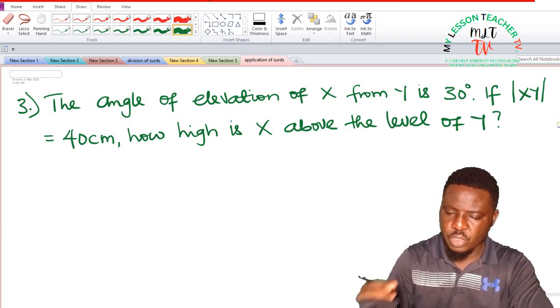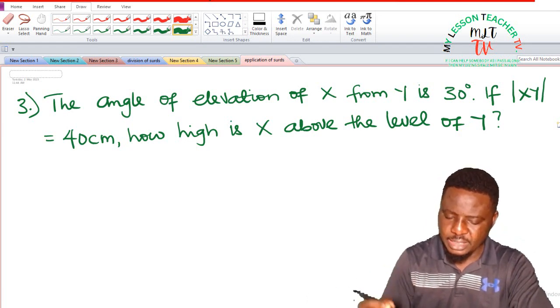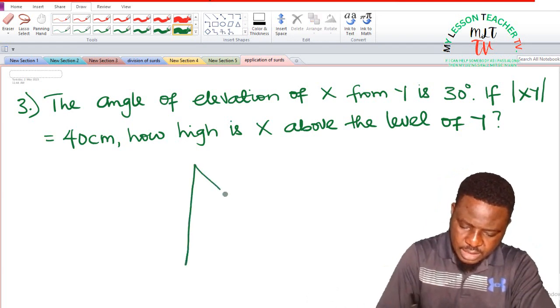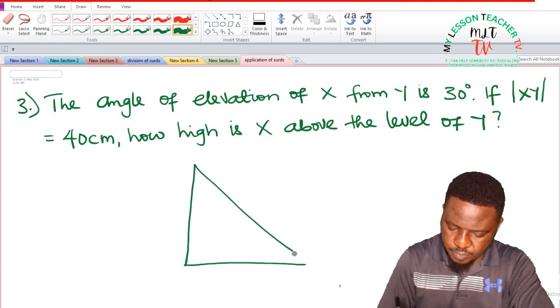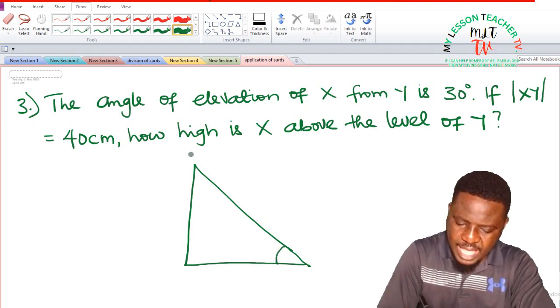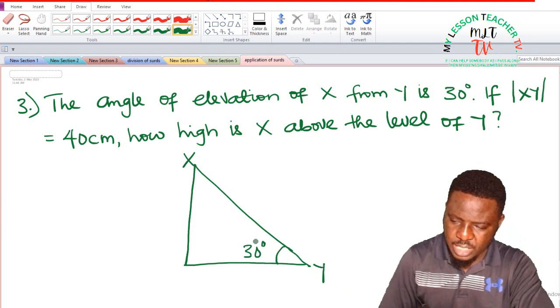That the angle of elevation of X from Y is 30 degrees. If this can be said to be the triangle, that the angle of elevation of X from Y is 30 degrees.